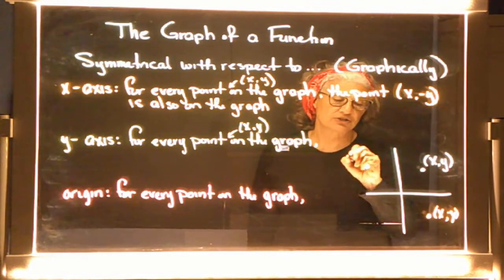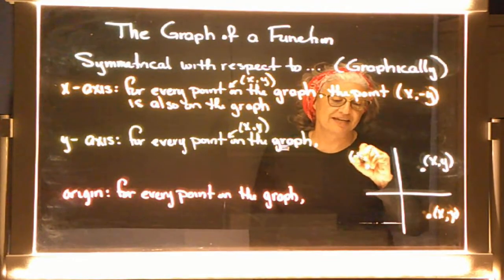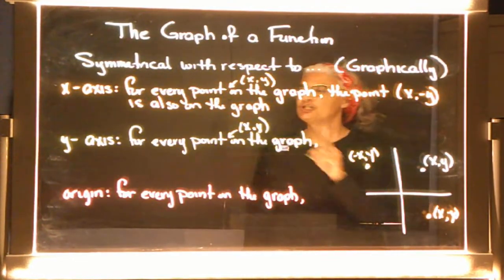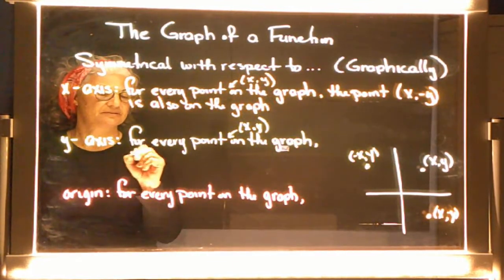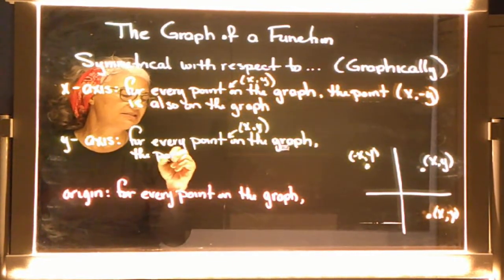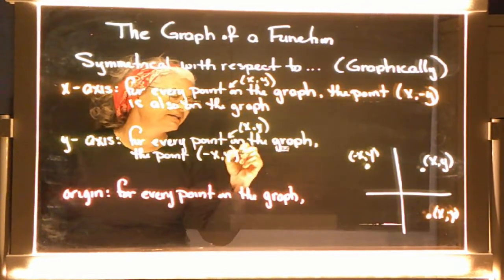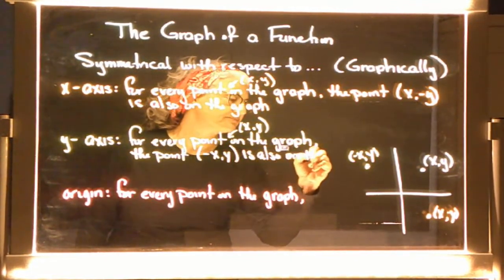So in quadrant 2, what does this point look like? Yeah, it's a negative x and a positive y, isn't it? Okay, so for every point x, y on the graph, the point negative x, y is also on the graph.